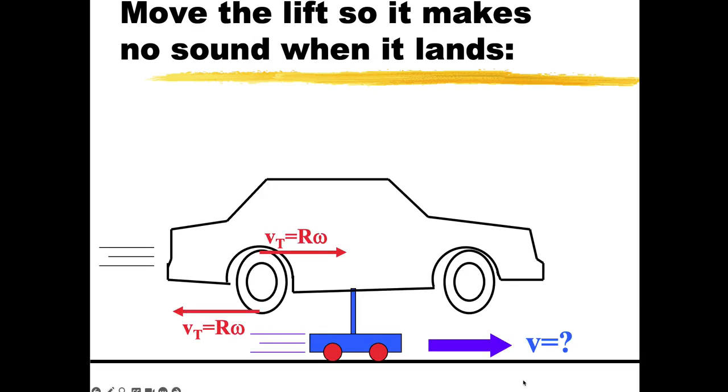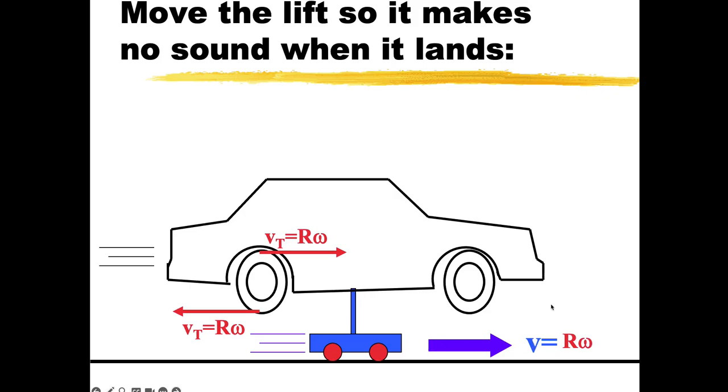So, what does the velocity of the cart need to be? Well, it needs to be r times omega. In order for this not to slip, in order for the edge of the wheel to have the same velocity as the rest of the car, I need the v of the cart to be r times omega.